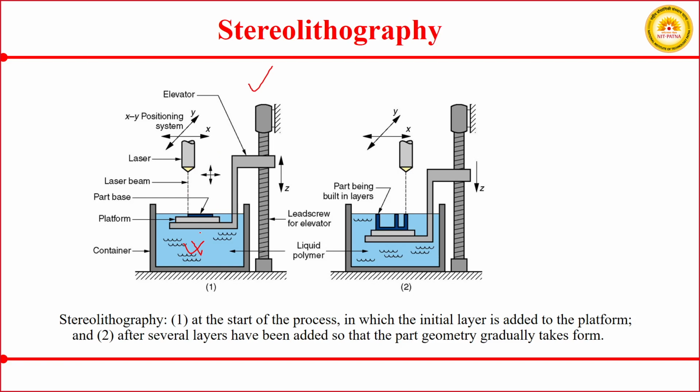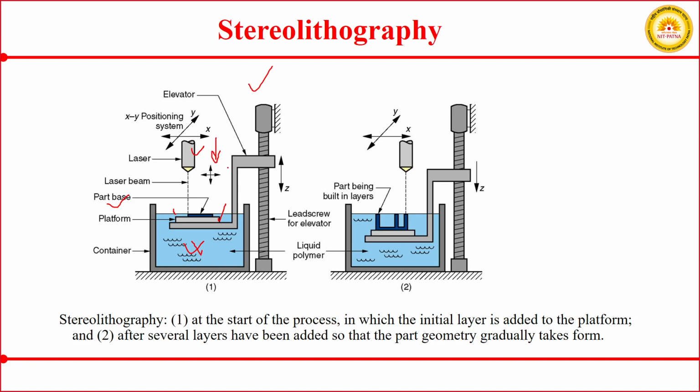Here we have the part base, the base of the part that needs to be produced. This is the platform on which the part base has been placed. This is your laser source, from which the laser is coming. This is your xy plane, and your laser can move in the z direction.